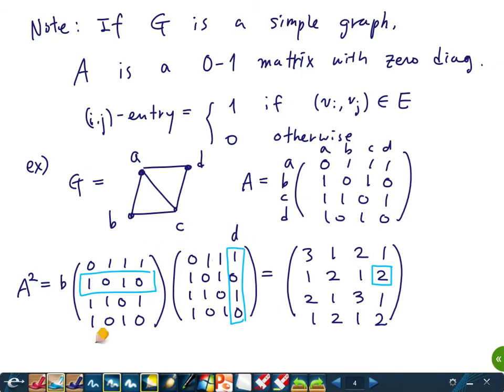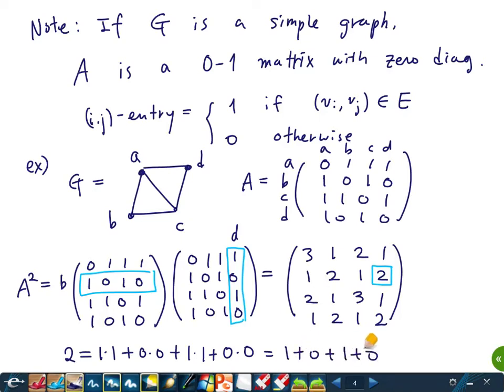So in other words, this 2 is obtained like this: 2 equals 1 times 1 plus 0 times 0 plus 1 times 1 plus 0 times 0. So 1 times 1 is 1, plus 0, plus 1, plus 0, very simple. 1 plus 1 equals 2, that's why it's 2.